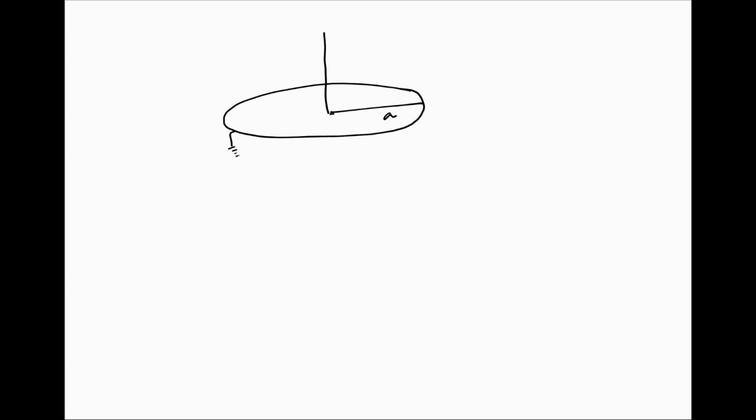It is given that when there is a point charge Q here, which is at distance B from the center of this ring, the charge induced in this ring is minus Q. Now we have to show that the capacitance of this isolated ring is 4 pi epsilon naught Q inverse square root of A square plus B square. We have to show this thing.